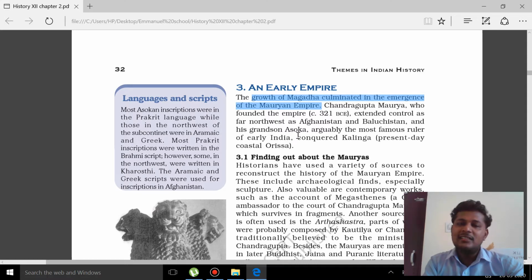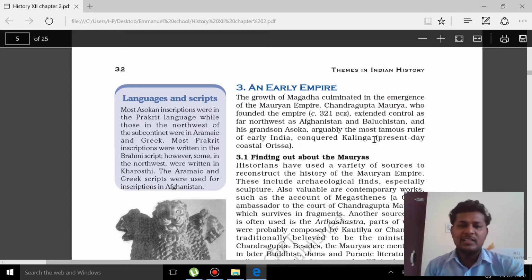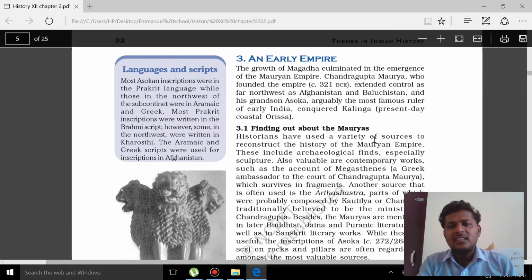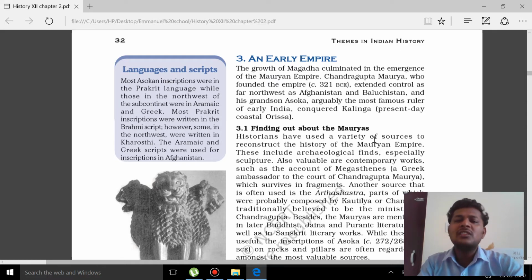And his grandson, Ashoka, is arguably the most famous ruler of early India. He even conquered Kalinga, which is the most important war that we talk about. That is in present day coastal Odisha, very important. They may ask Kalinga is in which part of present day, which state. So any questions can come. Those which are there in the book can appear in your board exam. So this is quickly an introduction to this empire.